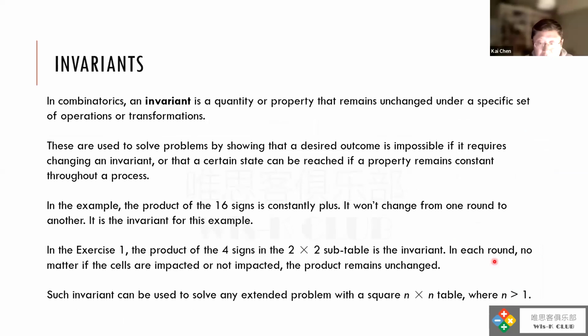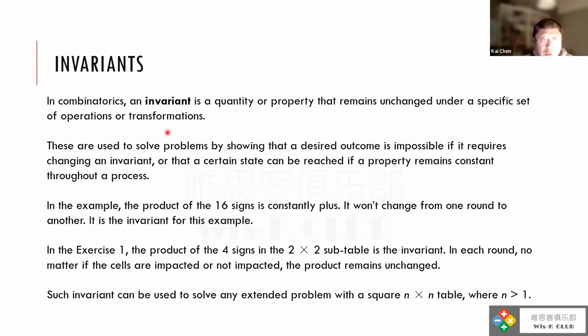The invariance in a combinatorics problem is some value, quantity, or amount which is not changed from one round to another according to the rule. We can call it an operation or transformation. Sometimes you do an addition, you do a multiplication, you switch a card, remove one number, whatever, called operation or transformation.